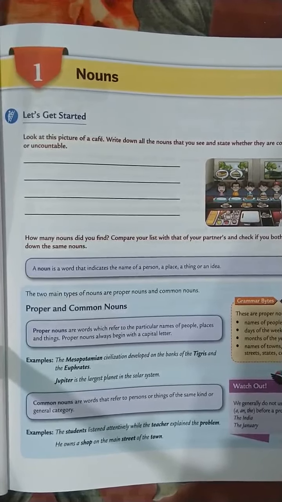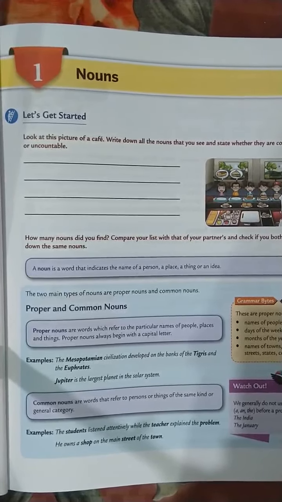Now students, what is a proper noun? Proper nouns are words which refer to the particular name of people, places and things. Proper nouns always begin with a capital letter.